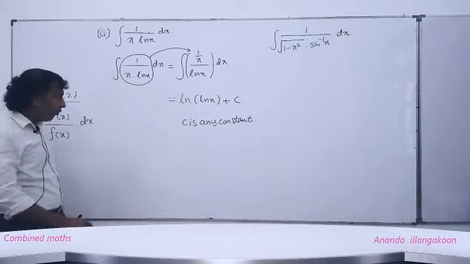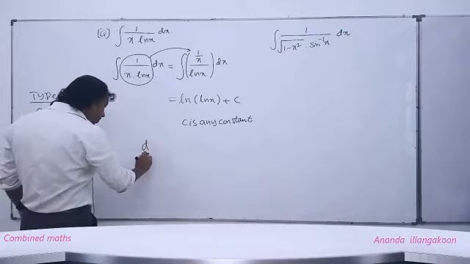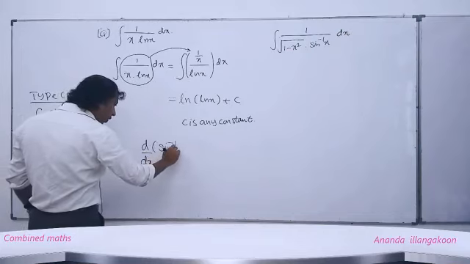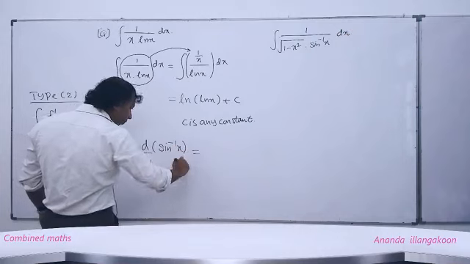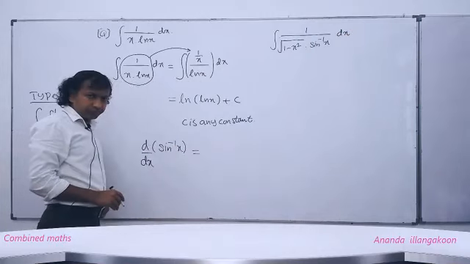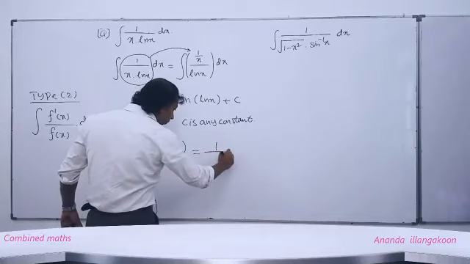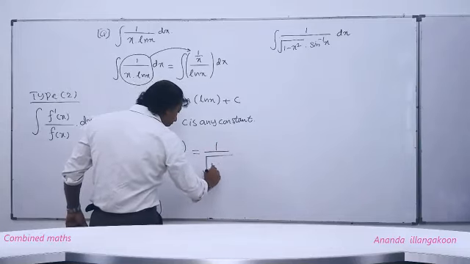Well, you know, when we differentiate sine inverse x, what's the derivative? 1 upon square root of 1 minus x squared.